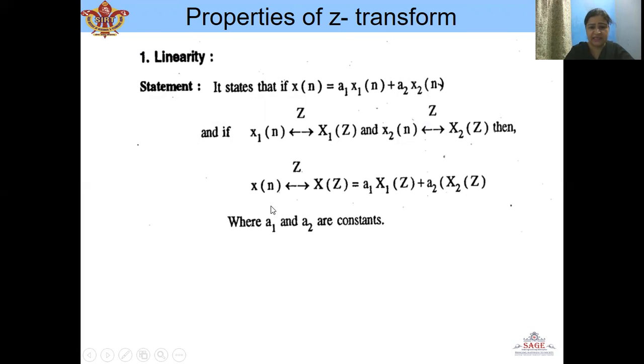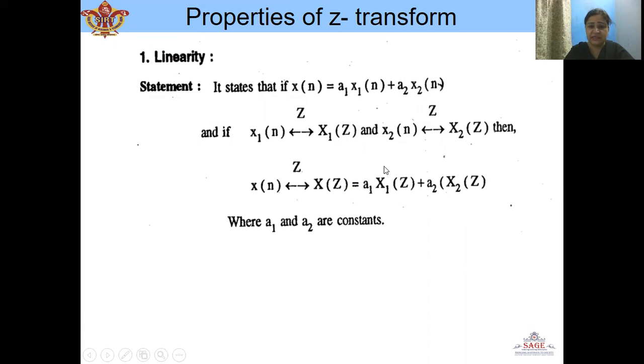If we have another signal x(n), which is a1 x1(n) plus a2 x2(n), that means x1(n) is multiplied by a1 and x2(n) is multiplied by a2, and then they are added. If this signal is calculated for Z transform, then the Z transform should be A1 X1(z) plus A2 X2(z).